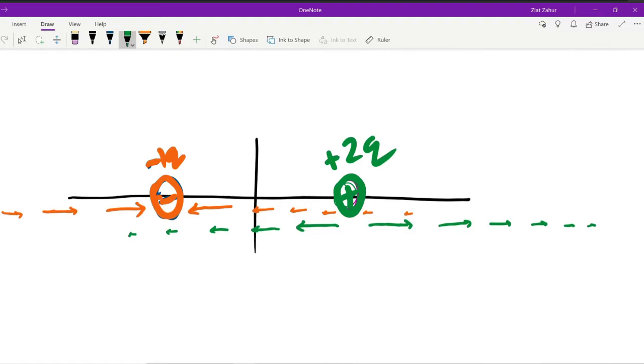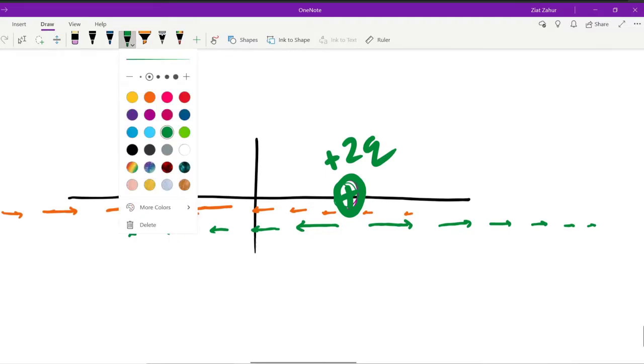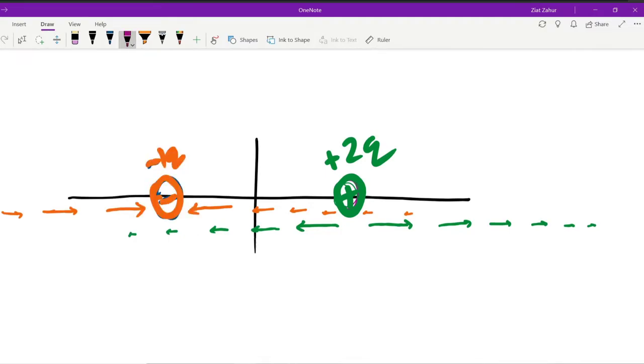Okay. And now we want to add the vectors up, so that's purple. Remember, we have little tiny greens and big oranges to the right.